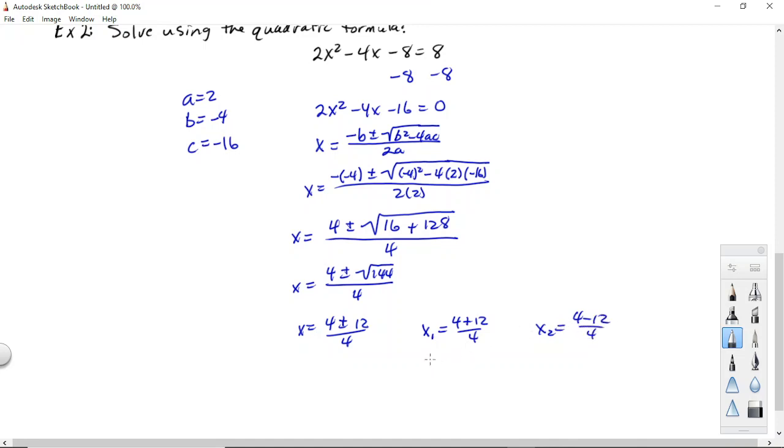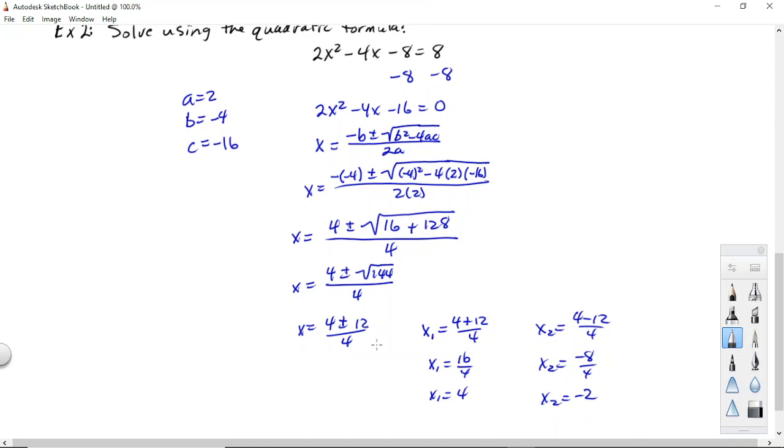Okay, so we simplify each of those. X sub 1 equals 16 over 4, and that is 4. X sub 2 equals negative 8 over 4, so that is negative 2.